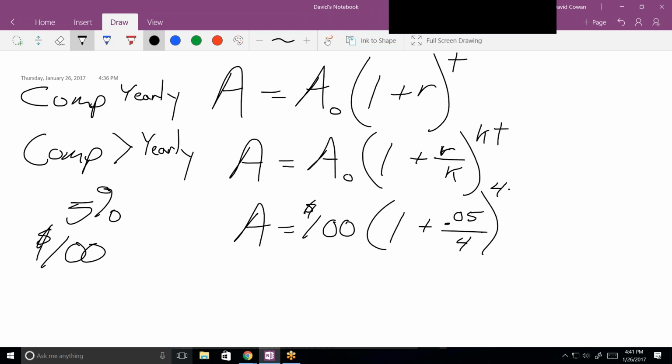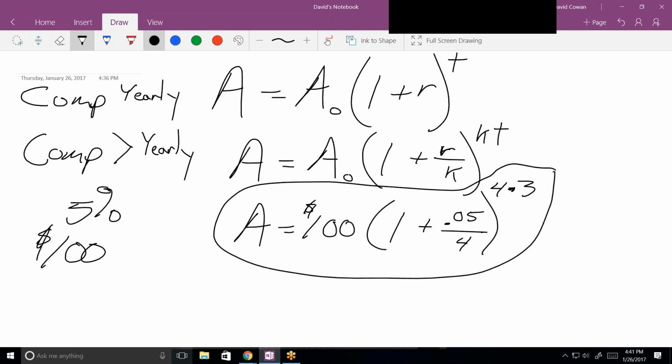I'm still going to do it over a 3-year period. Whatever this number comes out to be is your answer, and you'll find it's slightly more than $115, because when you compound more frequently, it grows a little faster.